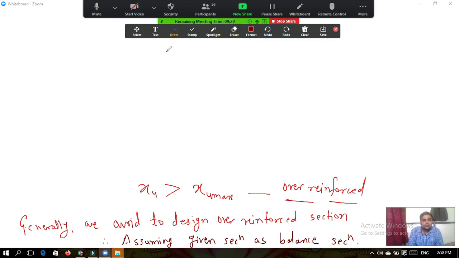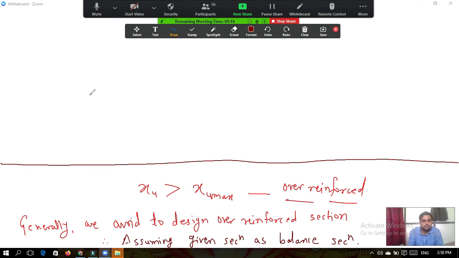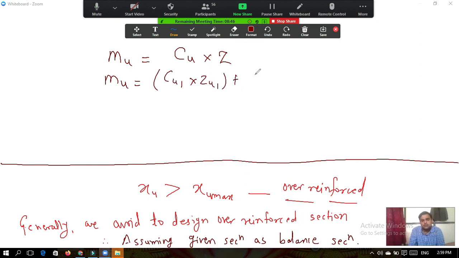When an under reinforced section is there, the formula is TU into Z. When a balanced or over reinforced section is there, we go for the formula CU into Z. So MU is equal to CU1 into ZU1 plus CU2 into ZU2.